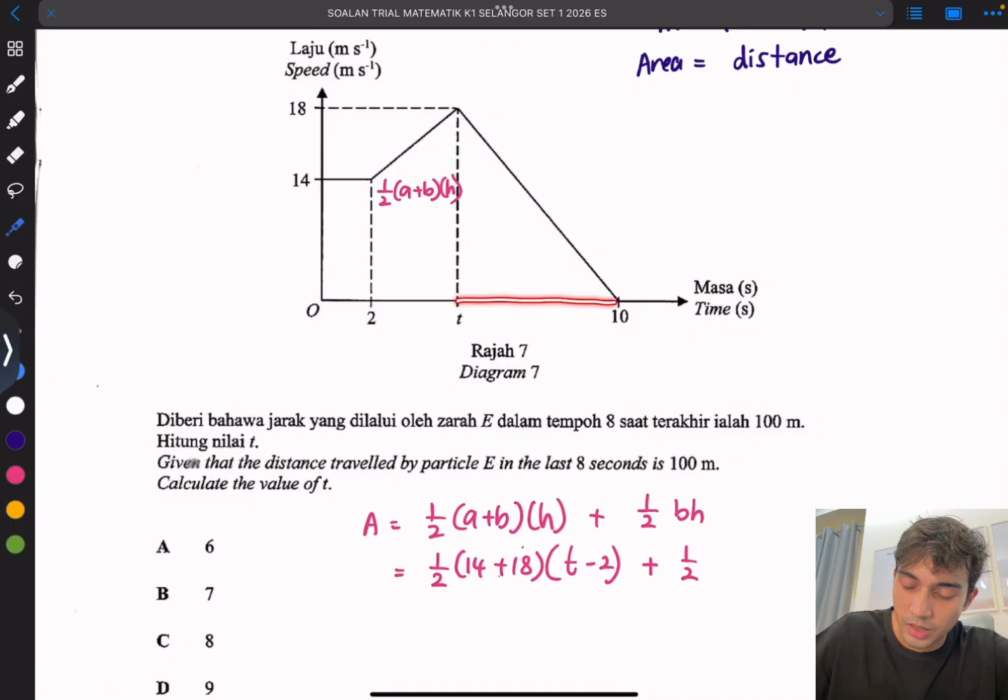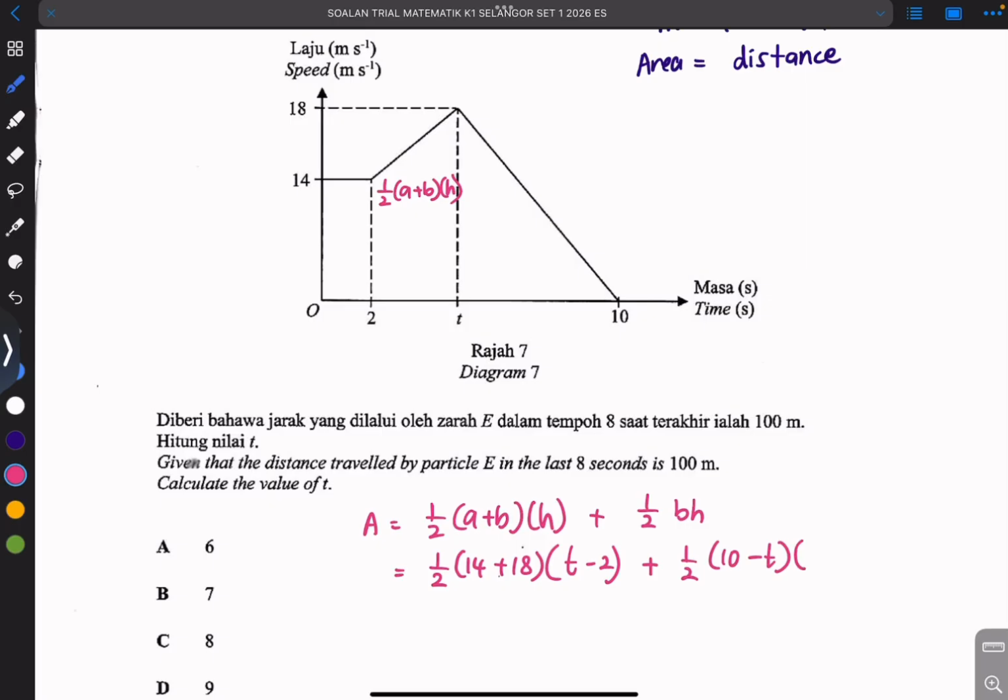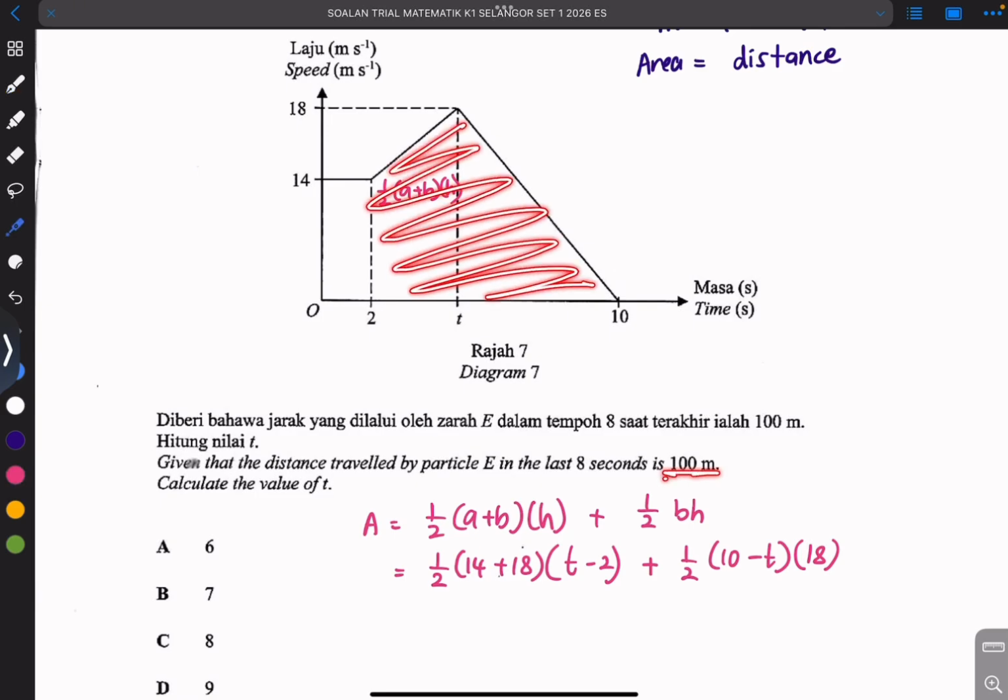Our base here will be 10 minus t. Our height here will be 18. And our total area must be 100.